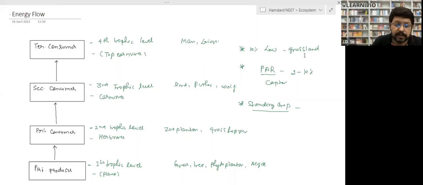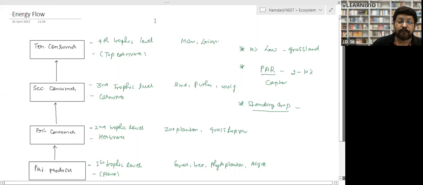Either directly, like deer take directly and lion takes indirectly. But in a nutshell, these are the producers which produce the food. So producers are always kept in the first trophic level.